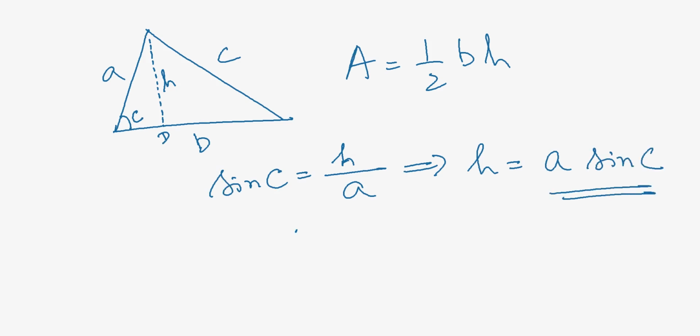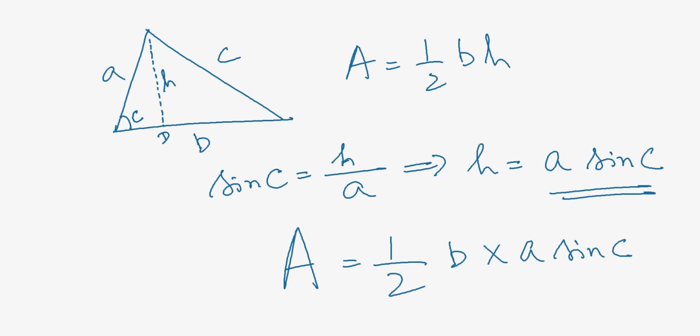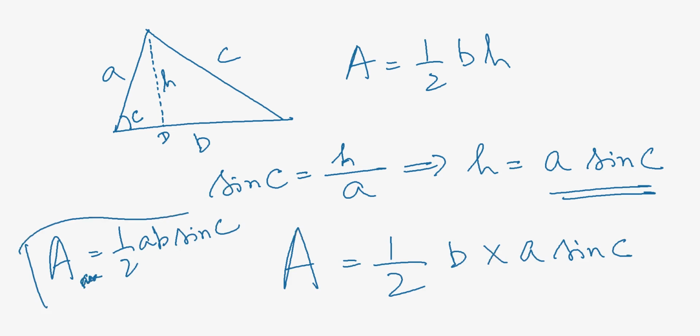Because of that, we can have a new formula for the area: half into base into a sin C. Rearranged, the area is half ab sin C. So if you know the side lengths, it is half the product of the two sides multiplied by the sine of the angle between them.